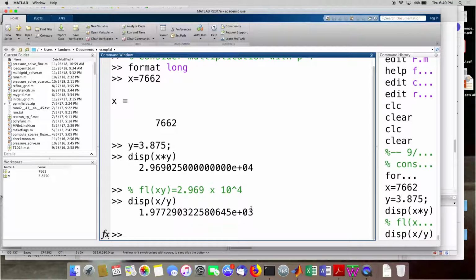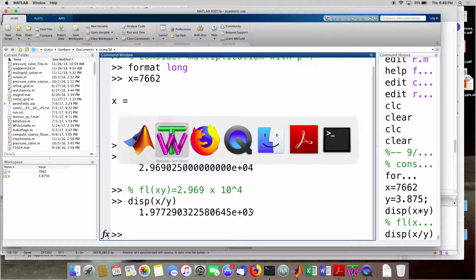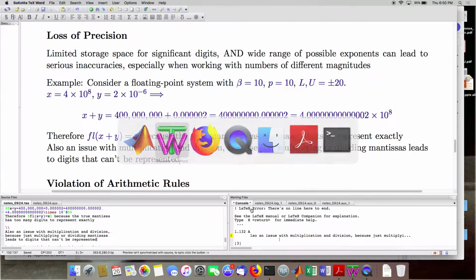Take 1/3 that was mentioned earlier. If you had a base 3 system, then 1/3 can be represented exactly. But not many people work with base 3. But like I mentioned before, it has happened. Okay. So that's one issue, just loss of precision.